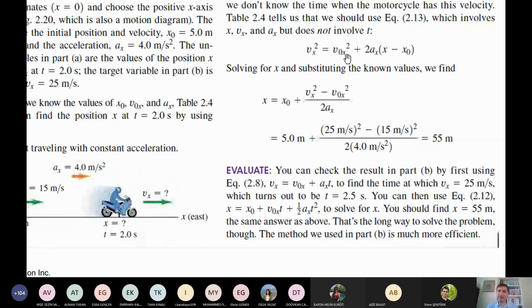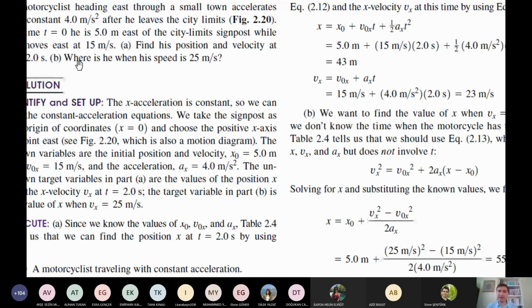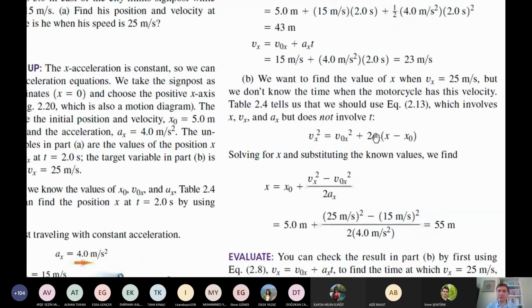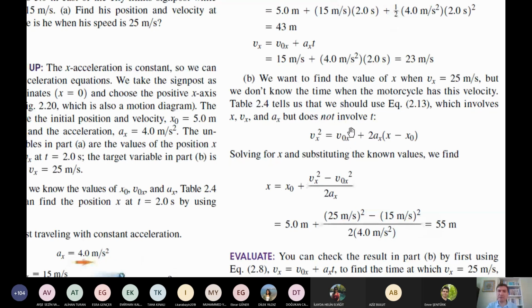So x0 is known, and the final position is asked, where is he, okay? This x is unknown, and acceleration is constant, it is given. Initial velocity is given, and the speed, the final velocity, is given. So use them here, and then finally you can get x, 55 meters, okay?